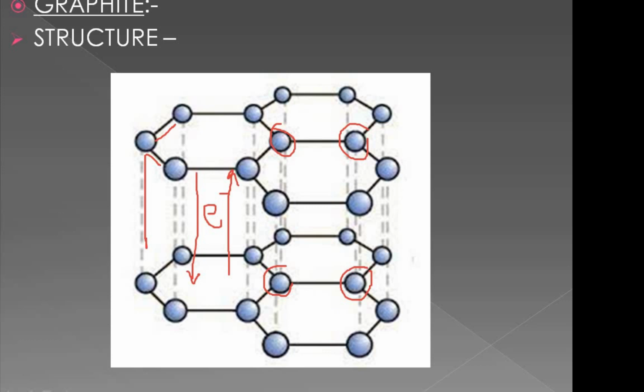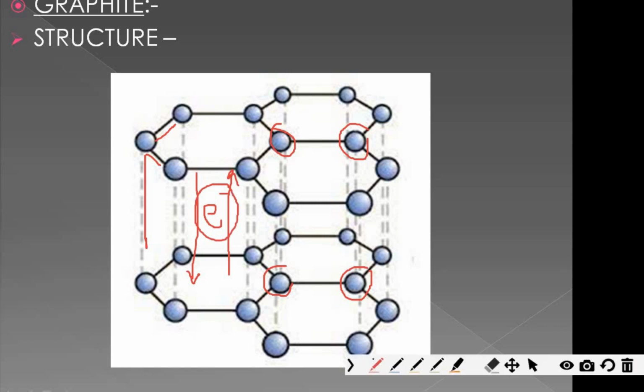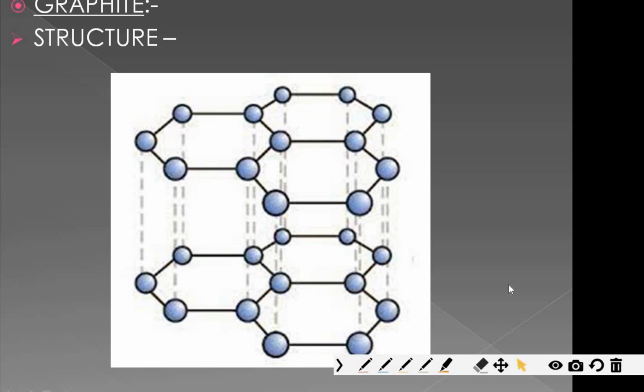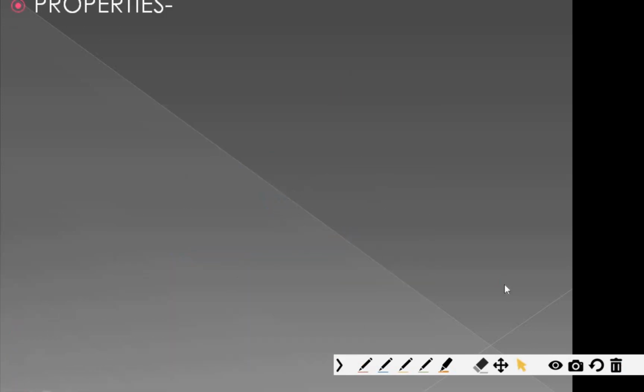Simultaneously it will go here, here, here, here, and have the valency fulfilled for all these carbons. That's why, because of this free electron, graphite conducts electricity. Okay, now let's see the uses of graphite.